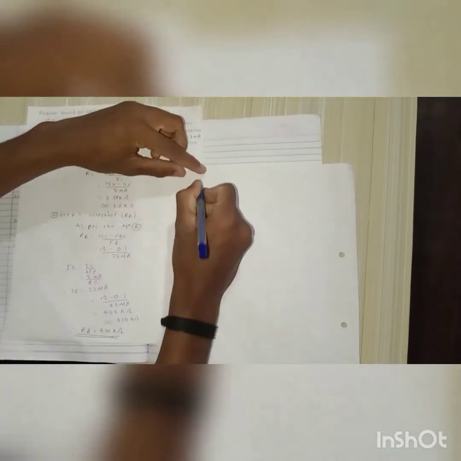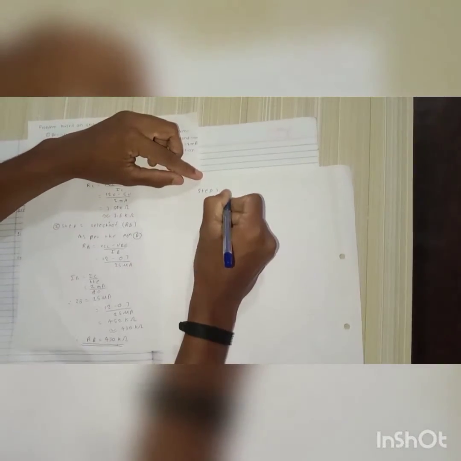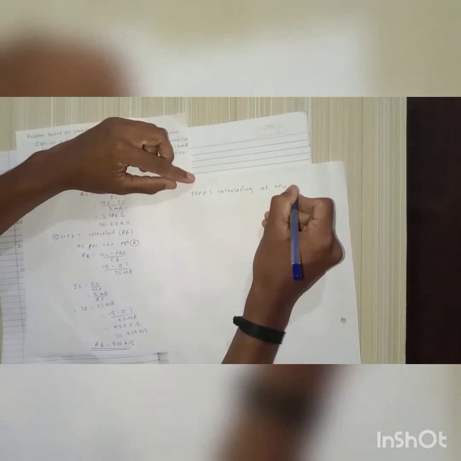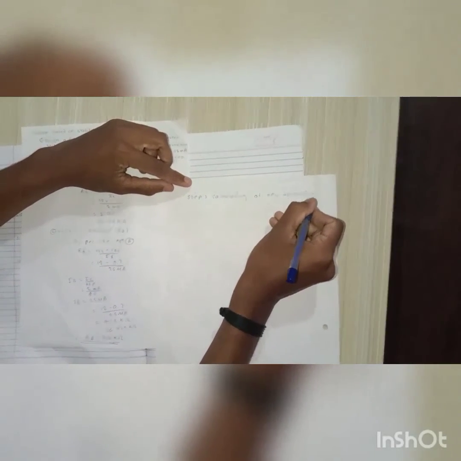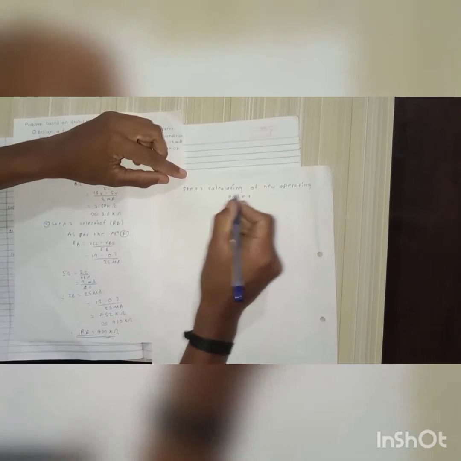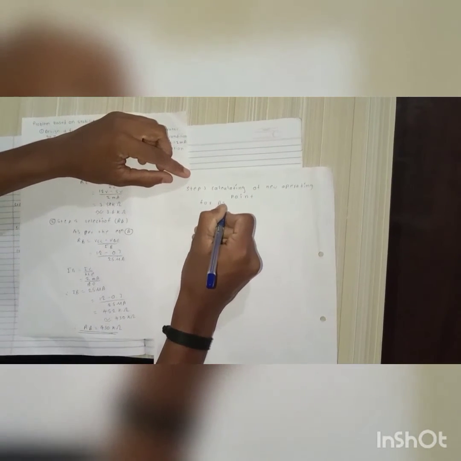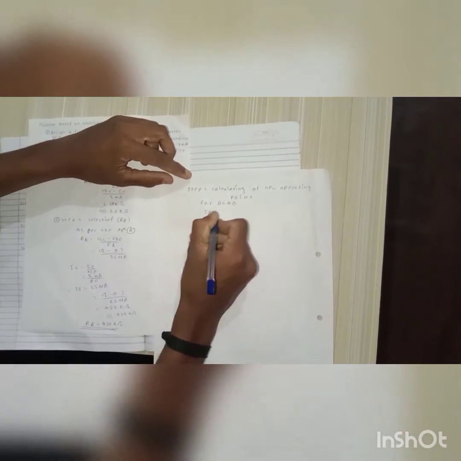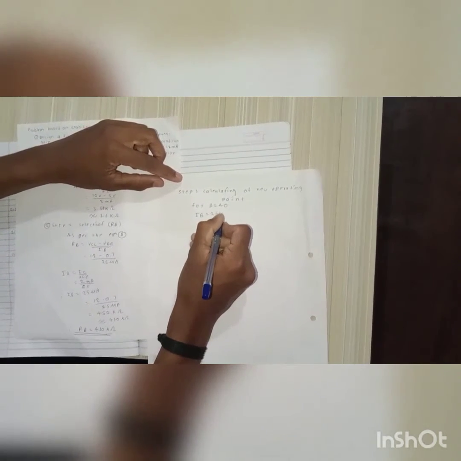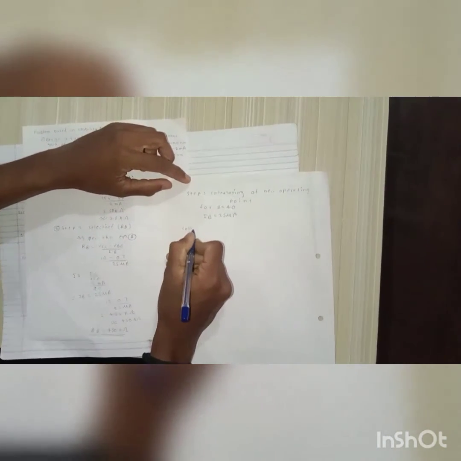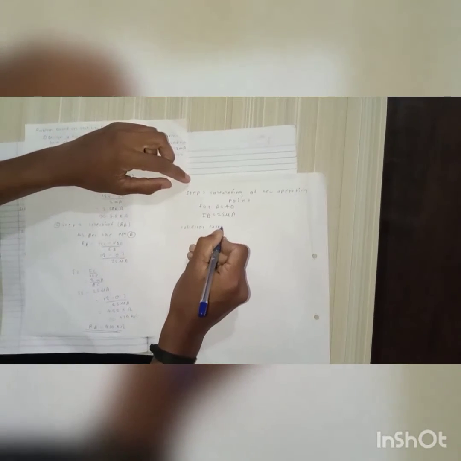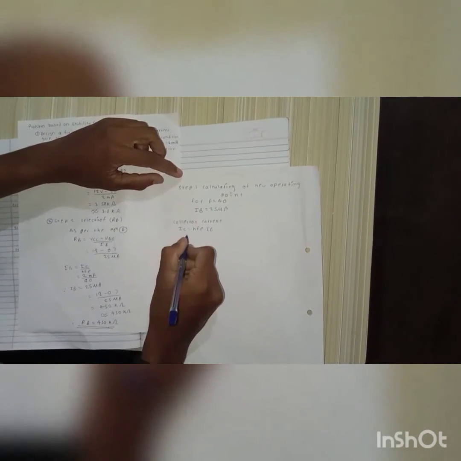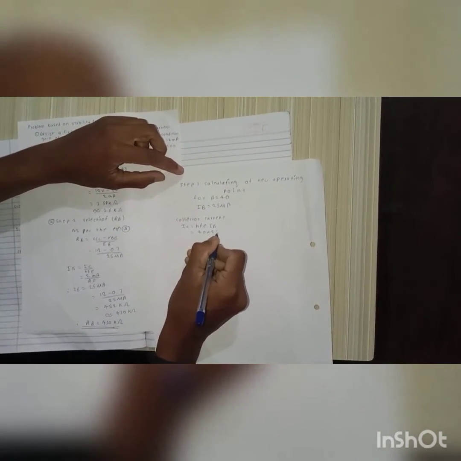Then we see step 3, which is calculating the new operating point. For beta equal to 40, IB is equal to 25 microampere, as previously discussed, and the collector current IC is equal to beta into IB, which is 40 into 25 microampere.